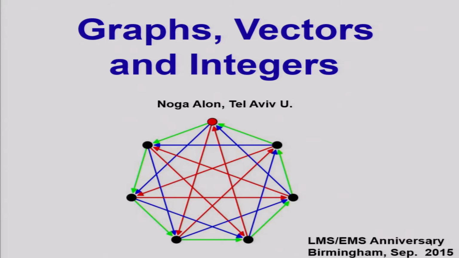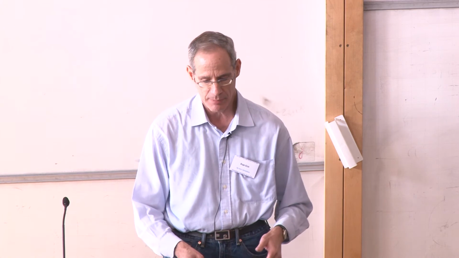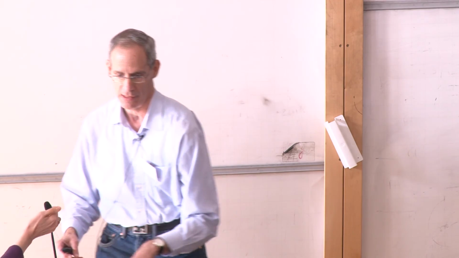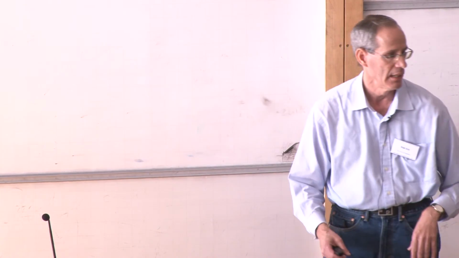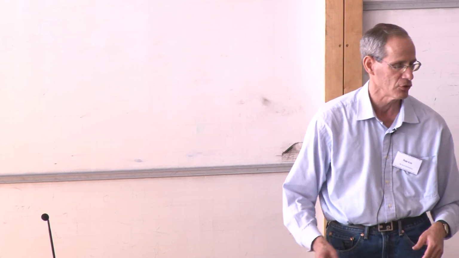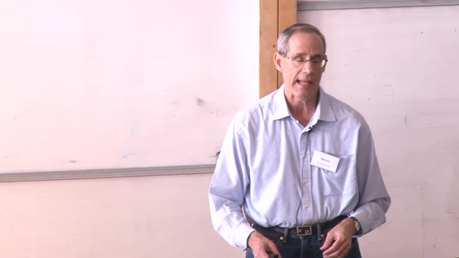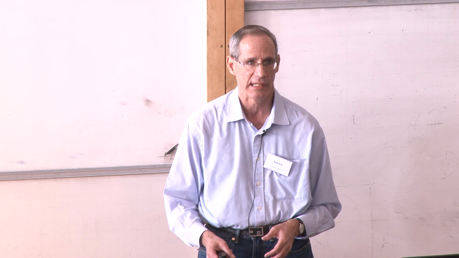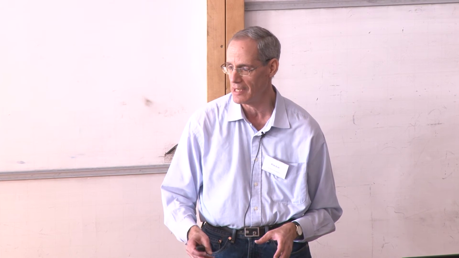The title is Graphs, Vectors, and Integers. And the focus will be the interplay between techniques and ideas from graph theory and combinatorics and other areas of mathematics, including geometry and number theory.